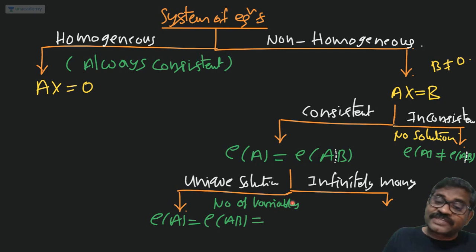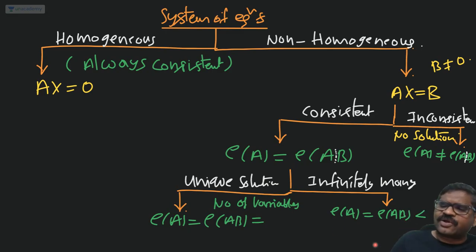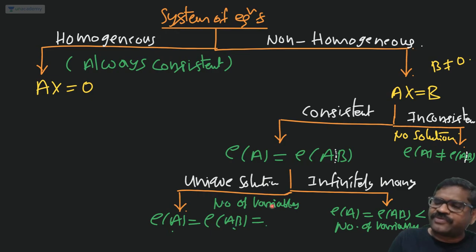If it possesses infinitely many solutions, rank of A equal to rank of AB less than the number of variables. Rank of A equal to rank of AB less than number of variables, infinitely many solutions. Rank of A equal to rank of AB equal to number of variables, unique solution.